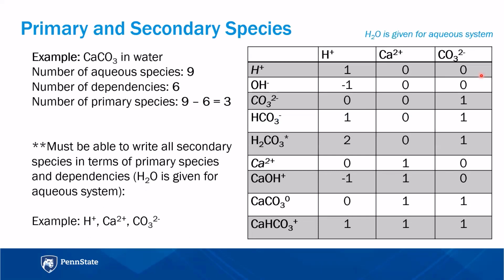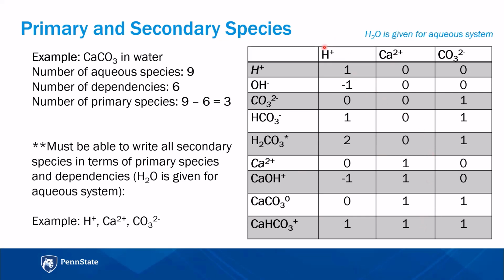And so to choose which species should be the primary species, we need to consider which species would allow us to form all of the other species in the system. And so we can check this by making a table like the one here on the right, where we have all of the aqueous species in one column here on the left, and then we have 3 potential primary species in these additional columns on the right.